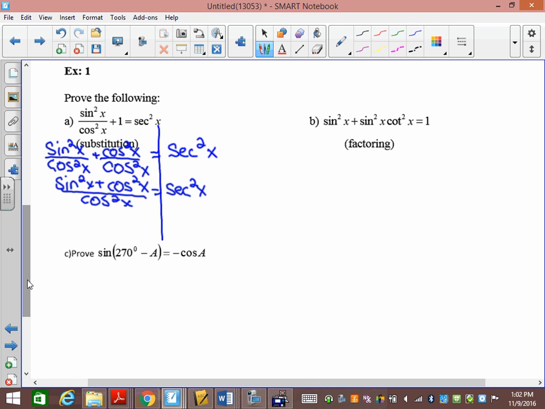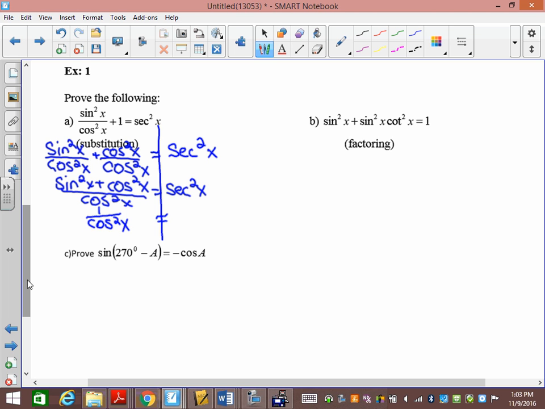If I'm stuck, I go to my formula sheet. What's sine squared x plus cos squared x? Your formula sheet will be your BFF. Trust me for this entire lesson. Yeah, 1. Sine squared x plus cos squared x equals 1. It's your very first Pythagorean theorem identity. So I'm going to get 1 over cos squared x.